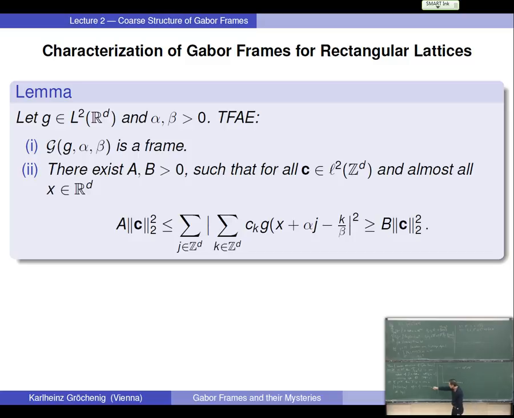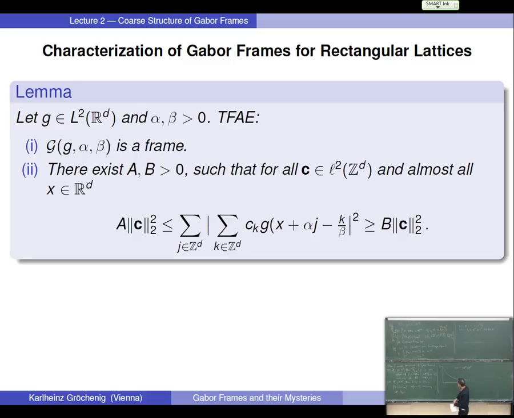So now this statement says that if a lattice is in the frame set, so if a lattice alpha z cross beta z generates a frame, then the product alpha beta is below the hyperbola alpha beta equal 1. So here is the hyperbola alpha beta equal 1.